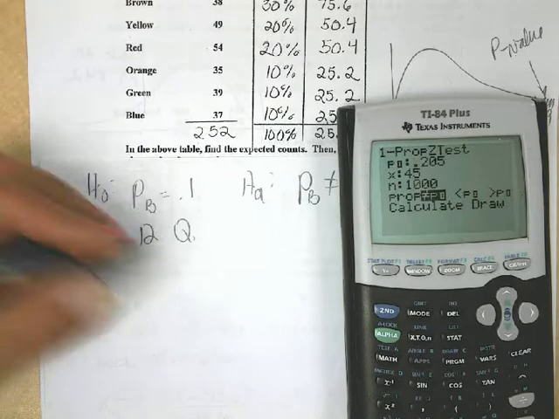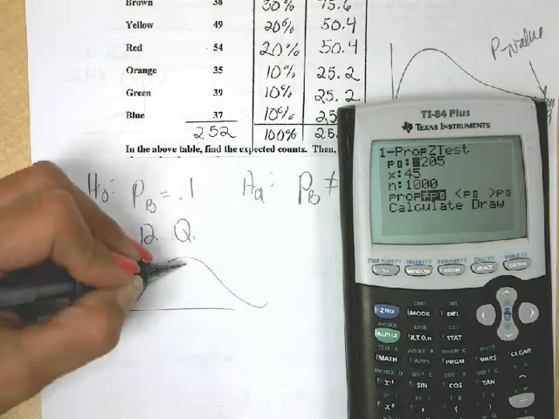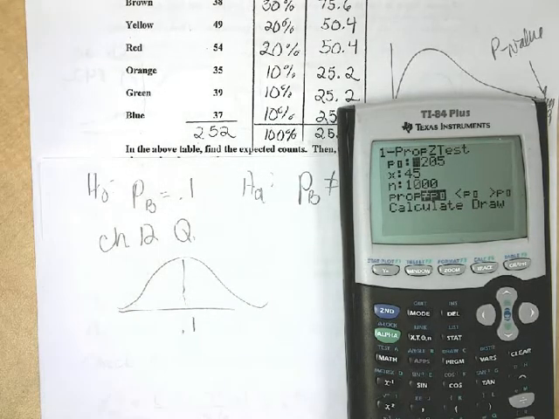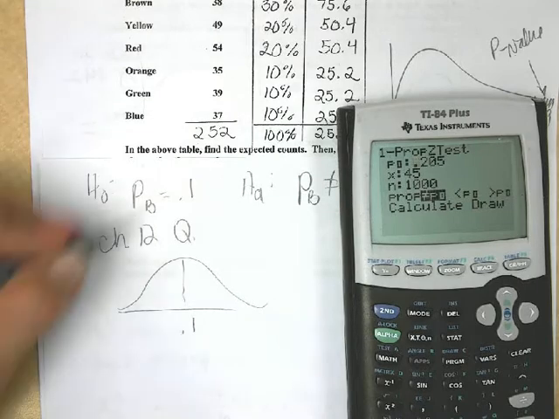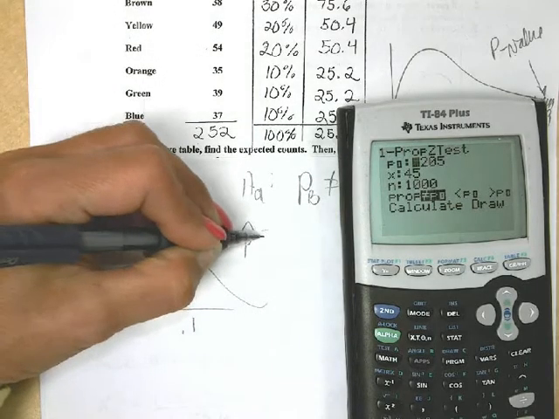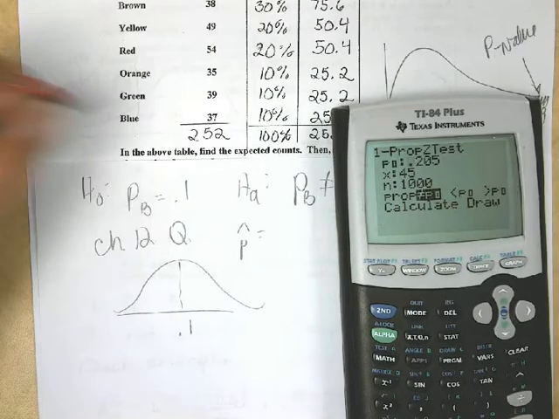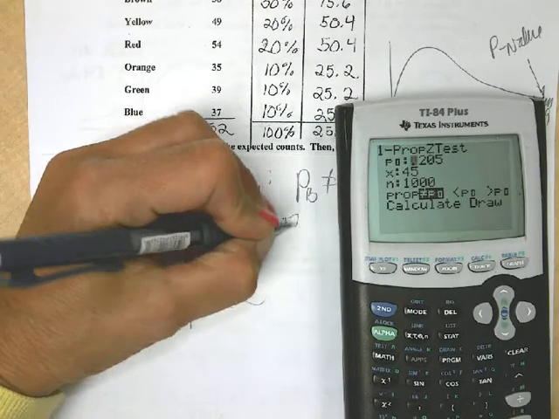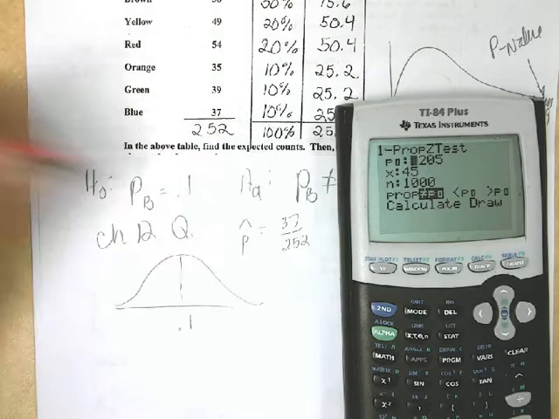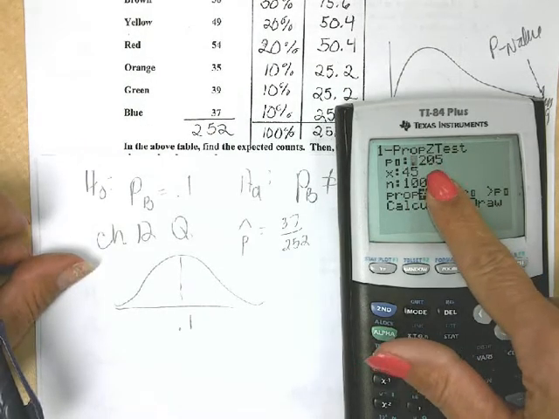So I'm assuming that the proportion of blues is 0.1, but I'm getting a p-hat for blue of 37 out of 252. So I'm going to assume that this is 0.1.